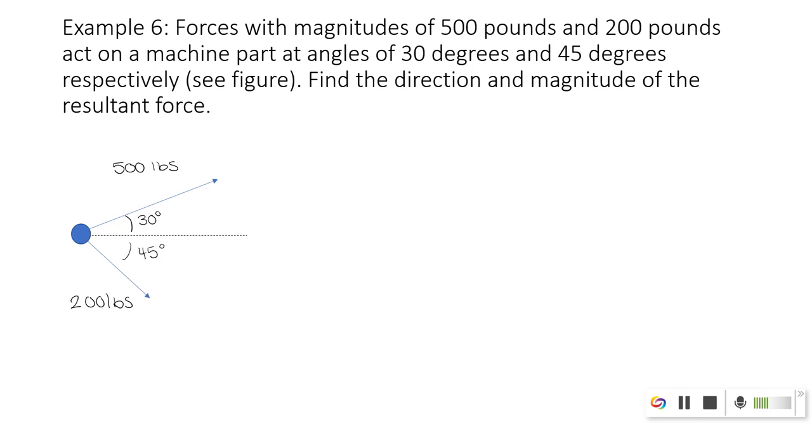So I might actually say that angle is negative 45 degrees, just to indicate it's actually below the horizontal. All right, so what are they asking us to do here? They are asking us to find the resultant force, the direction and the magnitude of the resultant force. So I suppose one more vocabulary word here.